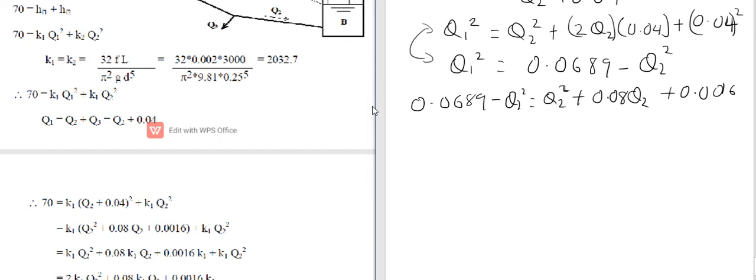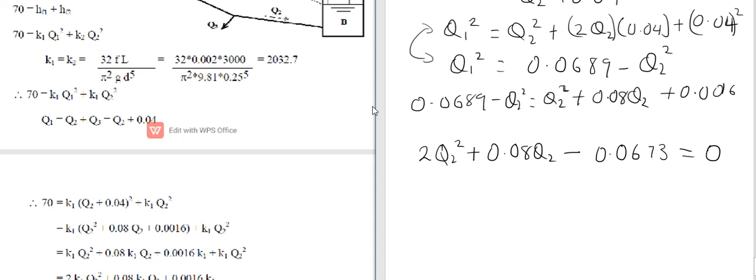Okay, so then collecting like terms, we have this equation: 2Q2 squared plus 0.08 Q2 plus 0.0016 minus 0.0689, which will be equal to, oh, it's minus not plus, minus 0.0673, and all this is equal to 0.